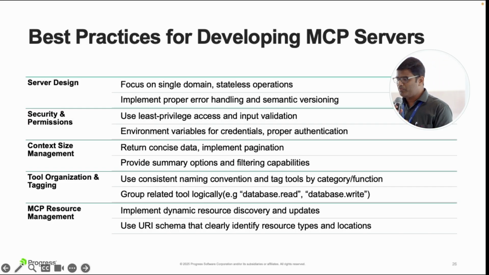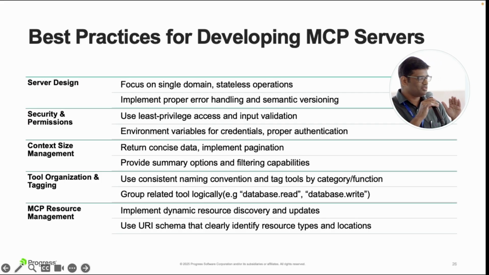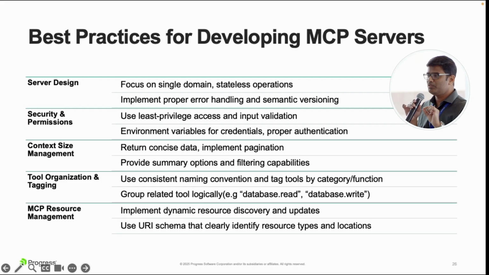For example, the data access scope: LLMs do not have access to your data, but agents do. Agents have access to your enterprise data. So you have to ensure that the agents are built securely. I mean, the MCP servers should be built securely, so that your security is not compromised.